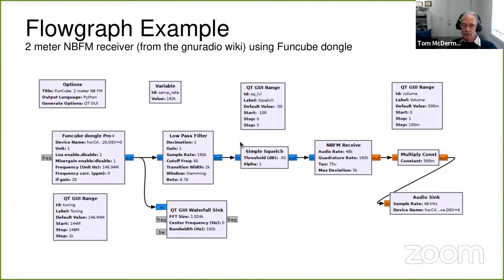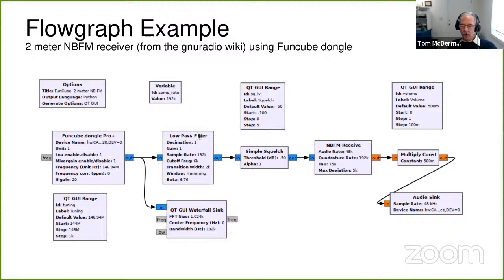So we have here in this receiver a complete narrowband receiver, and it's tunable. We have this GUI over here on the bottom left called tuning, and it's input to the receiver. So as you slide that slider around, the receiver changes frequency. Also, there's a waterfall sink here. In this case, we can look at the wideband output of the receiver in a waterfall.